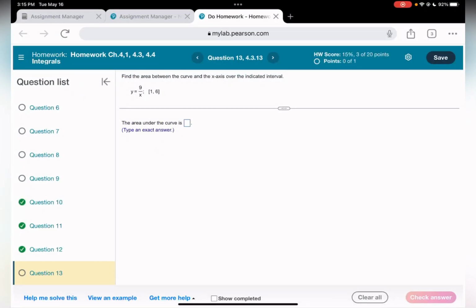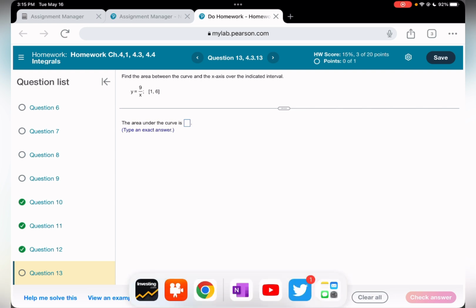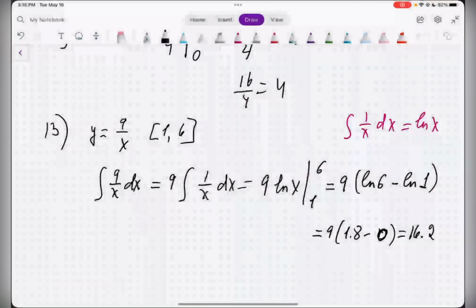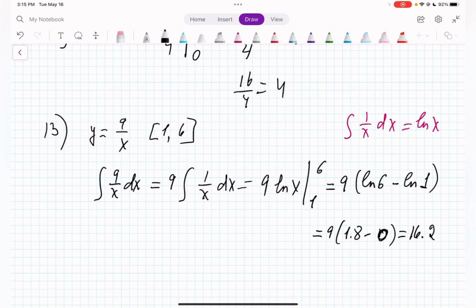Type an exact answer. Well, how exact? Okay, well, we try to put it in the form of a logarithm then, which is going to be 9 logarithm 6. That's what's going to be exact.